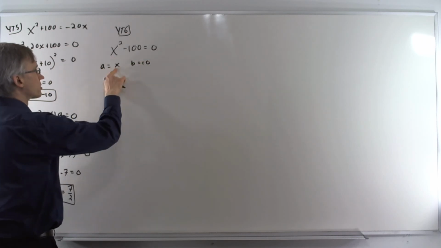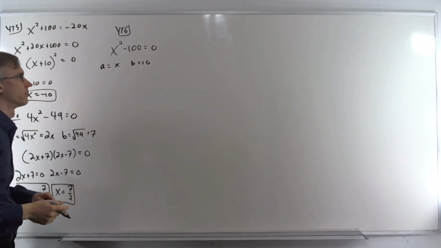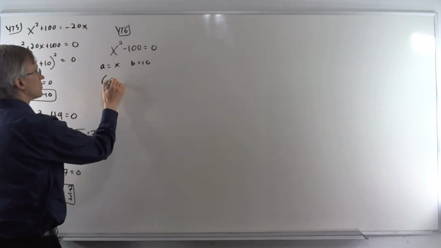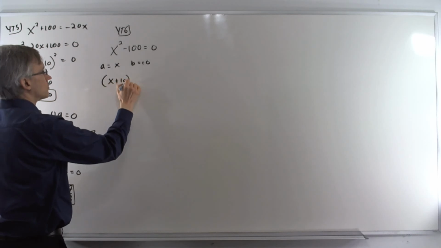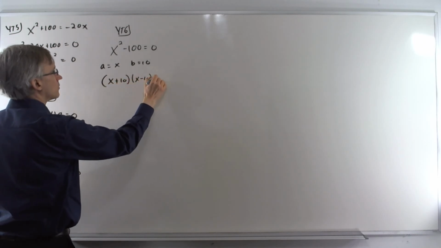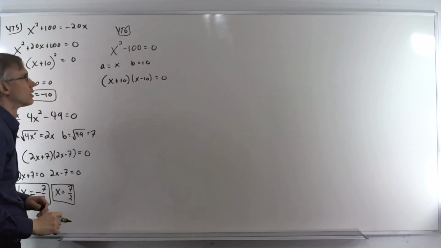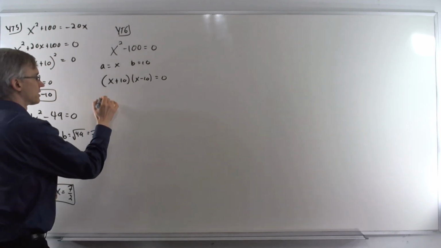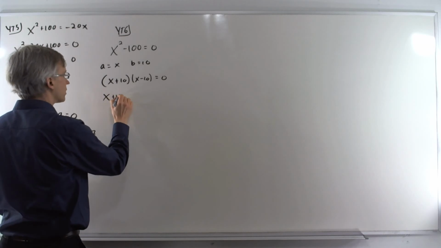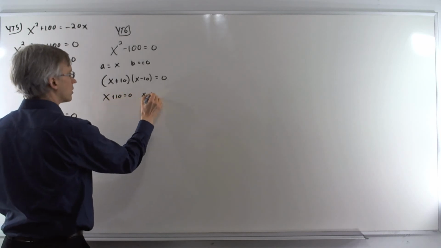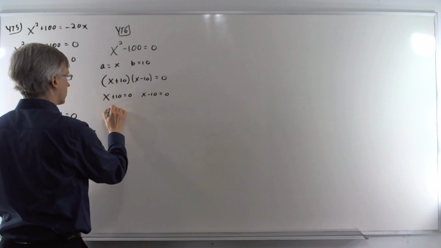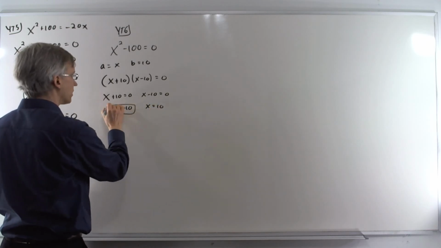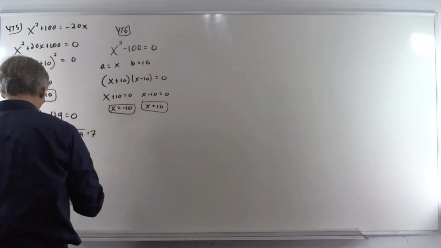Take the square root of those, we get x for A and 10 for B. So factoring, we got x plus 10 times x minus 10. Set these equal to 0 individually. We get 10 and negative 10 for the answers to that.